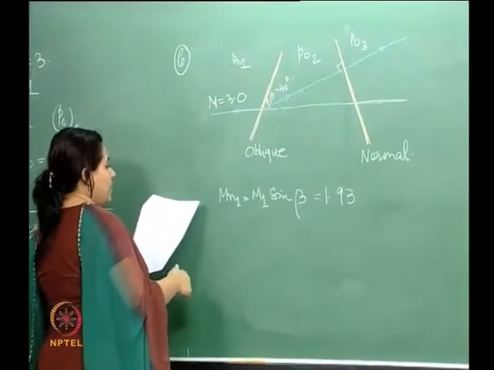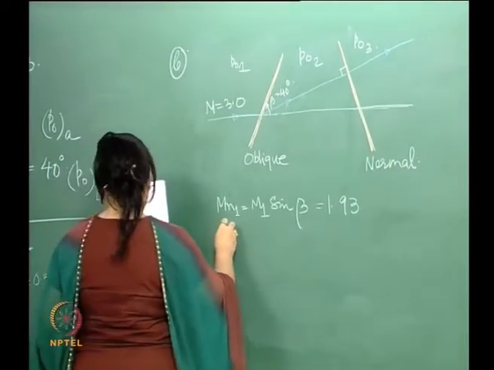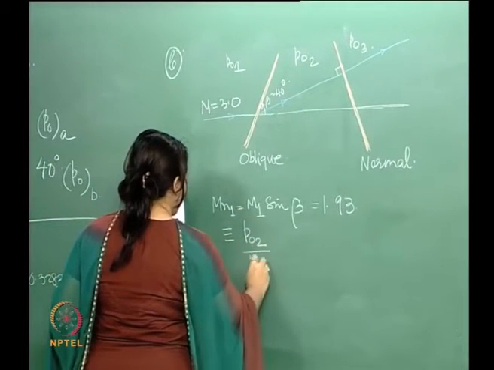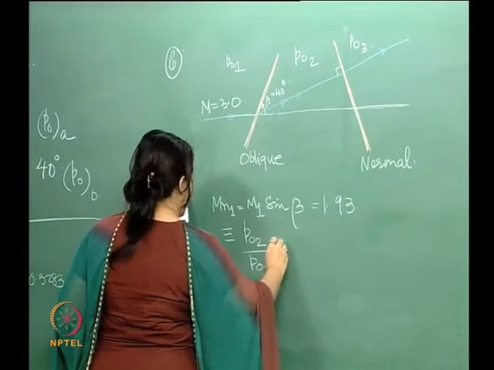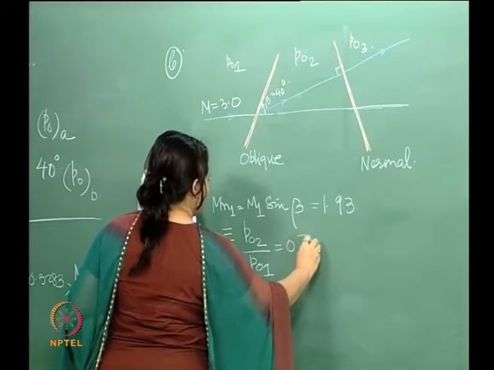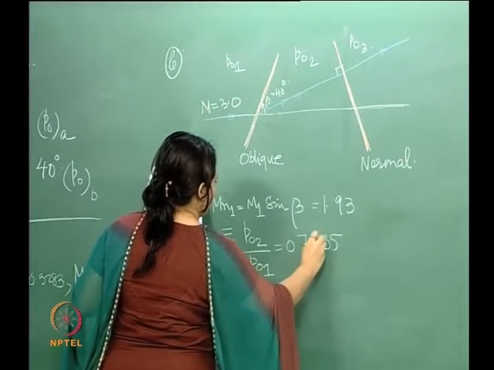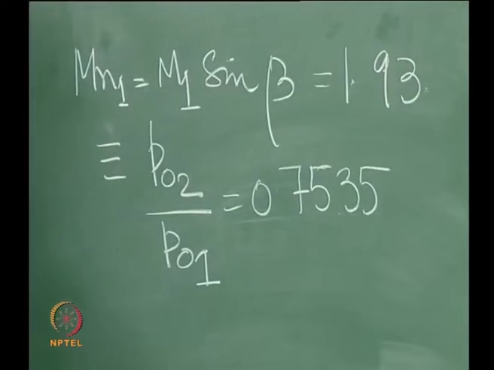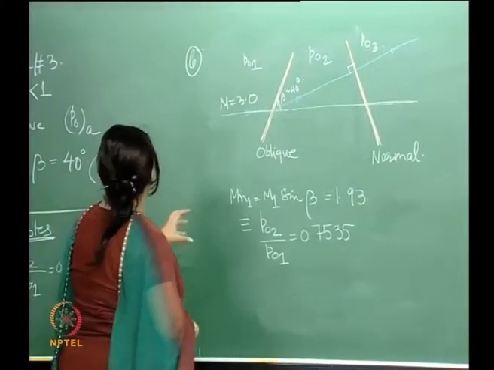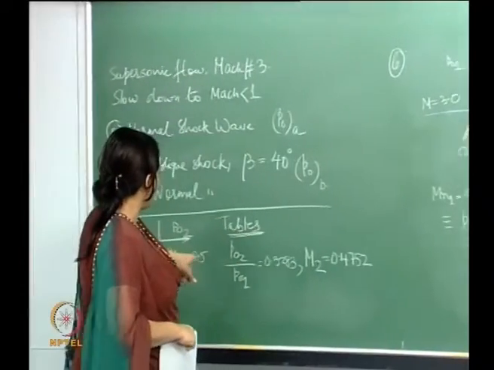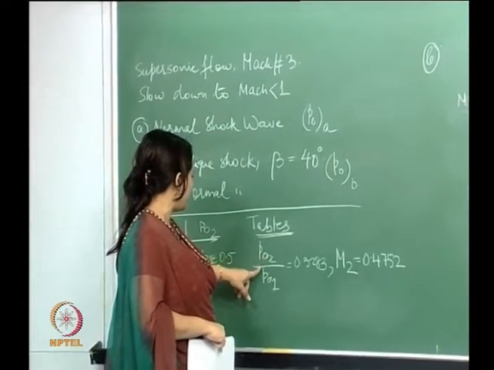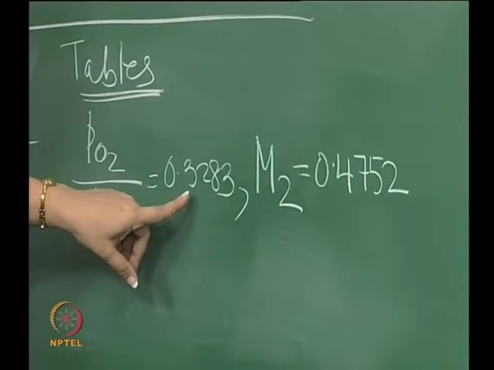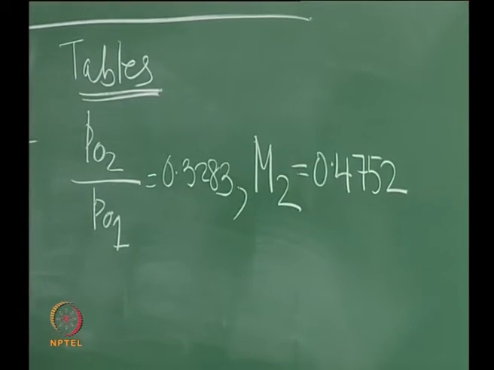So corresponding to this Mn1, we get a P02 by P01 to be this. If you look at these ratios, we had about 0.3, you can say 0.33, and 0.8.